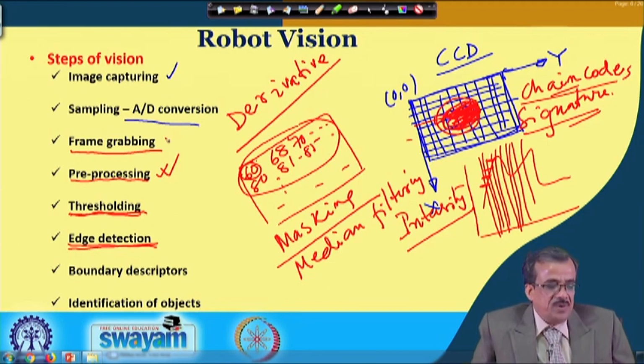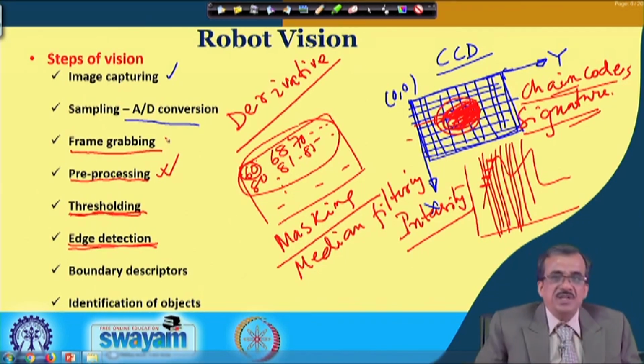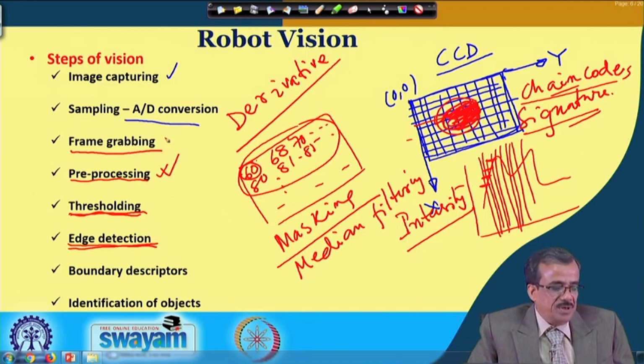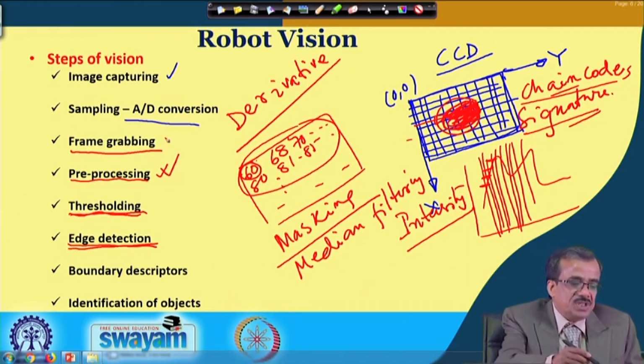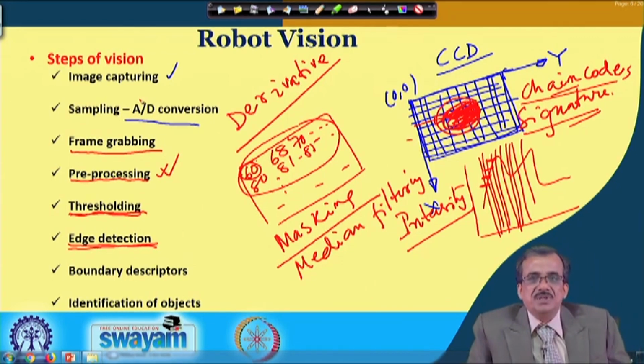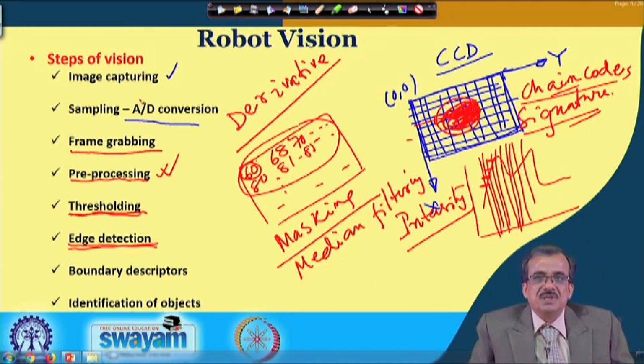Now, here I just want to mention that a few studies have been reported on each of these areas using the principle of fuzzy logic and neural networks, but there is enough scope for further development. What we need is one package, and this package will contain the fuzzy logic based or neural network based modeling of each of the steps of this computer vision system or robot vision system.